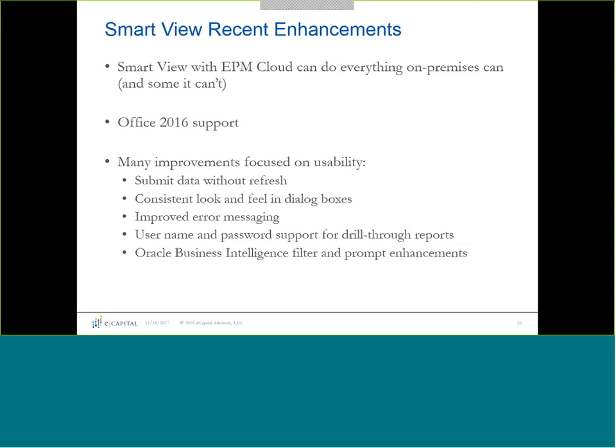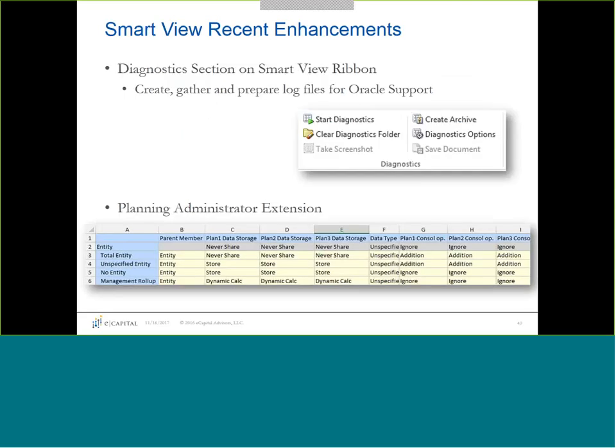As with any of these, test before you roll it out to your user base. Right now we've seen the .700 be more stable than the .710 when it comes to Office 365. And one thing to note, Office 365 is only supported as a desktop installed product, not web-based, which is something people ask a lot.